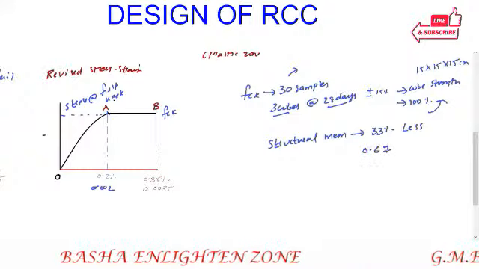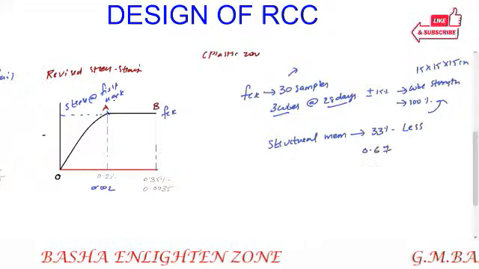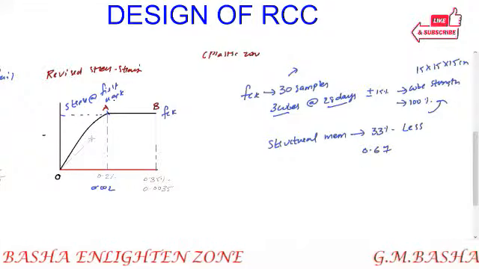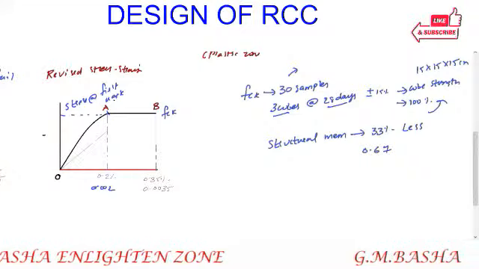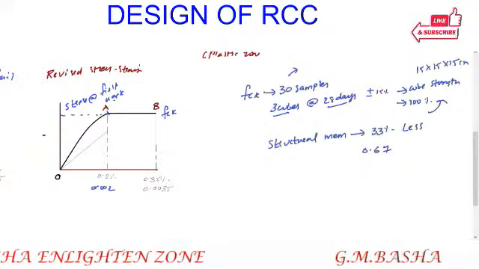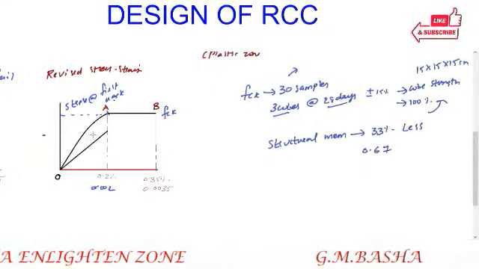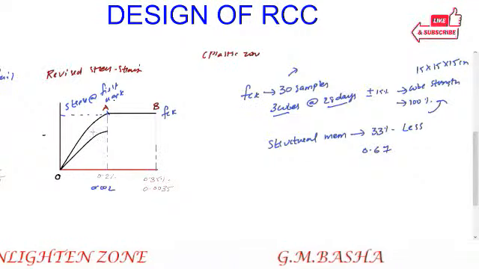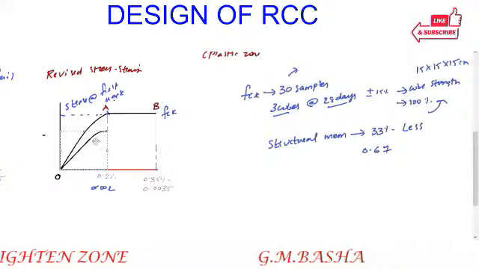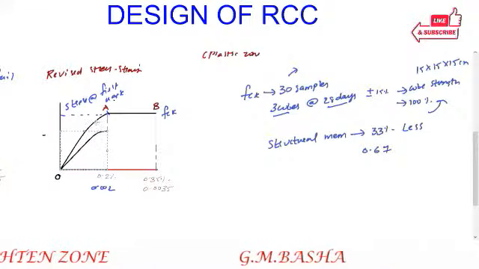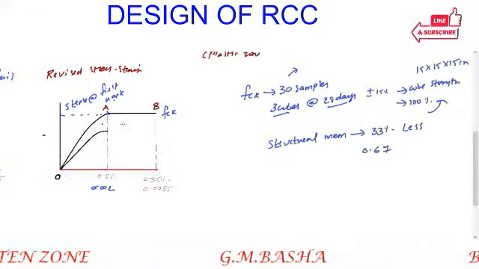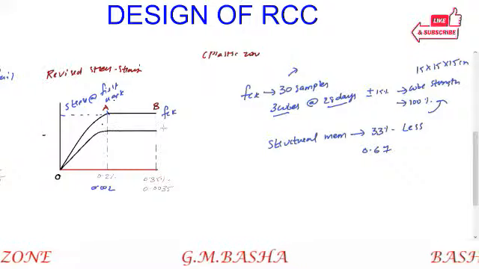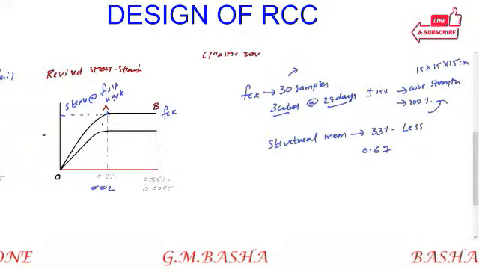For that I am drawing here. Don't assume this is a parabolic curve, and don't assume linear. So this is 0.67 FCK.